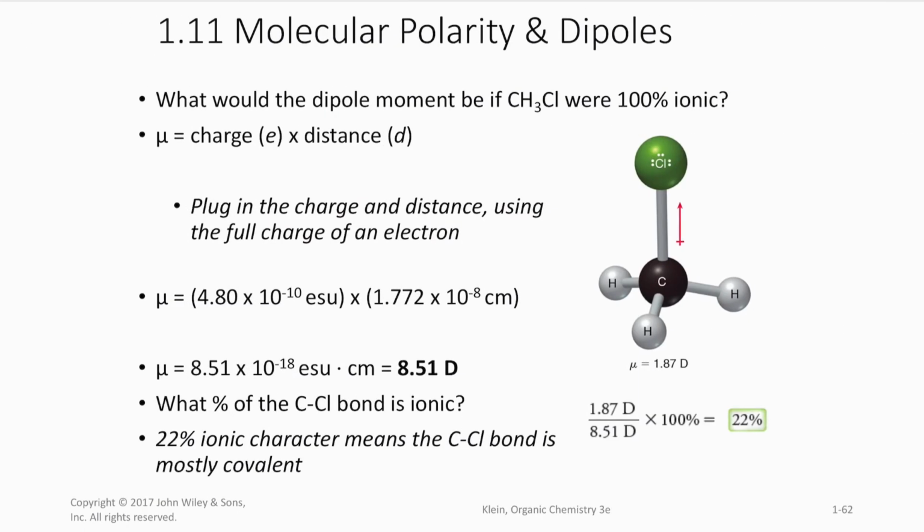This 1.87 debye is the main value we are trying to understand. If it were 100% ionic, the charge would be really high, which means it would be 8.51. What we are trying to understand here is how ionic the molecule is.